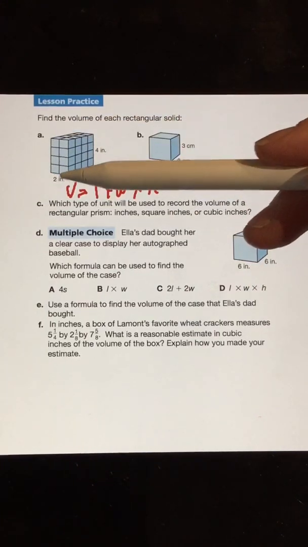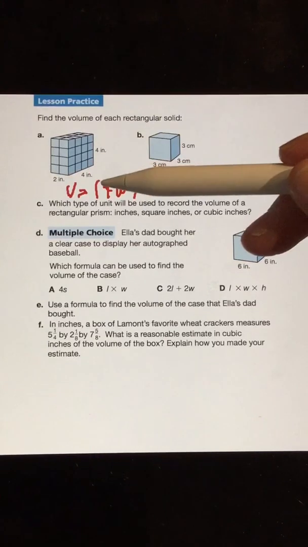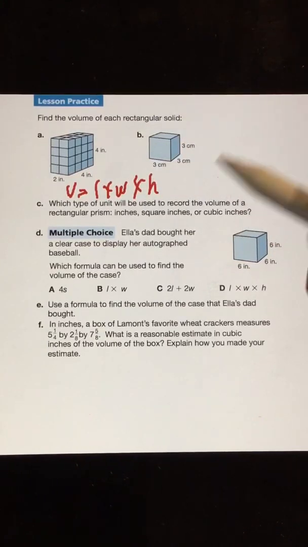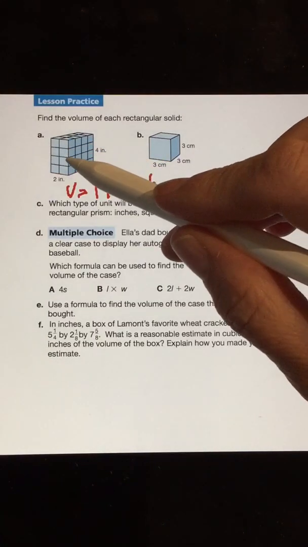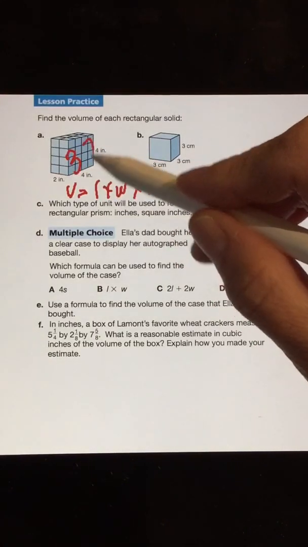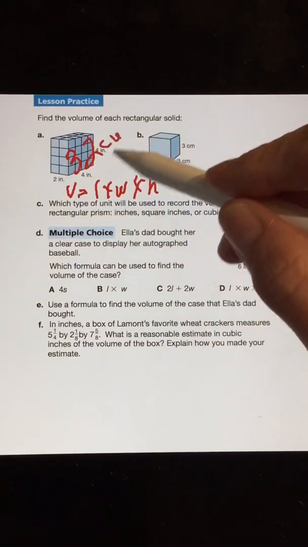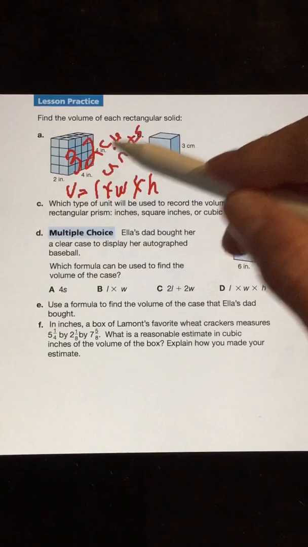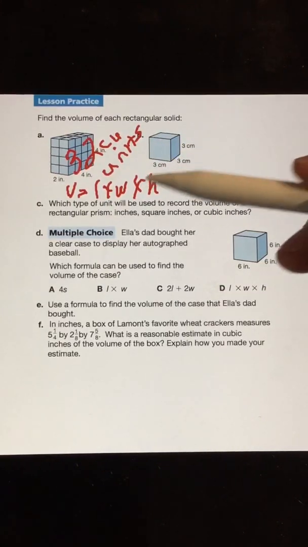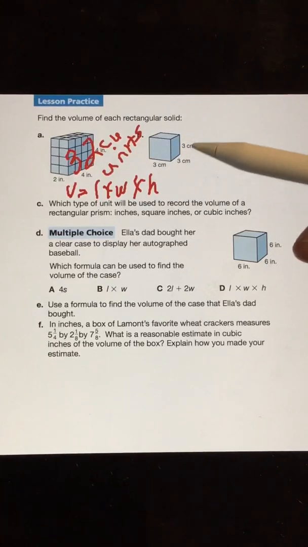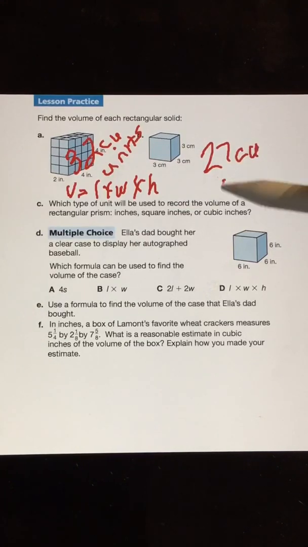So 2 times 4 is 8. 8 times 4 is 32. So the volume of this shape is 32 cubic units, right? Next, over here on this shape, I have 3 times 3 times 3, so 3 times 3 is 9. 9 times 3 is 27. 27 cubic units.